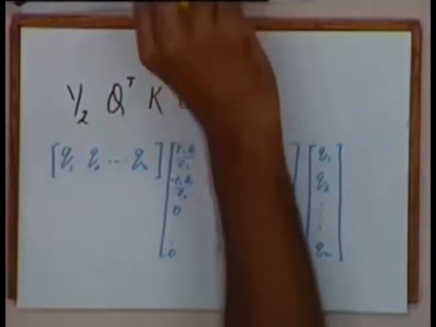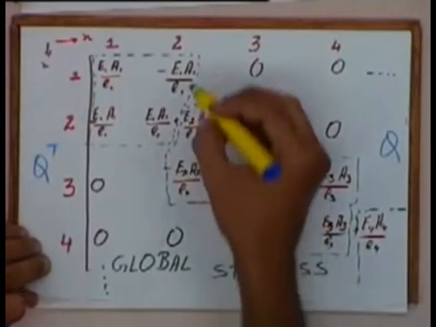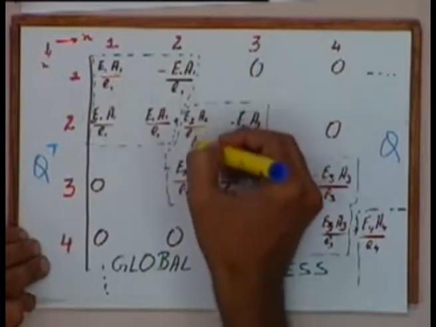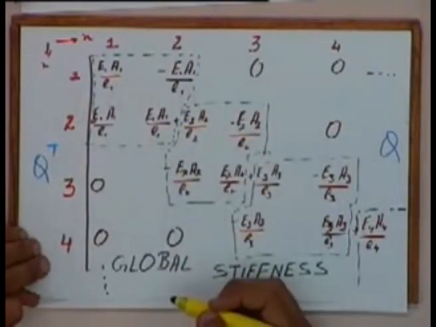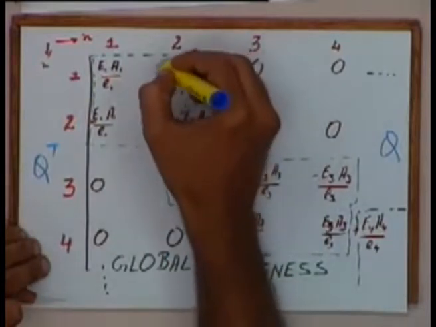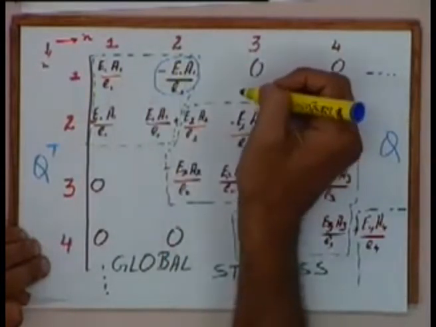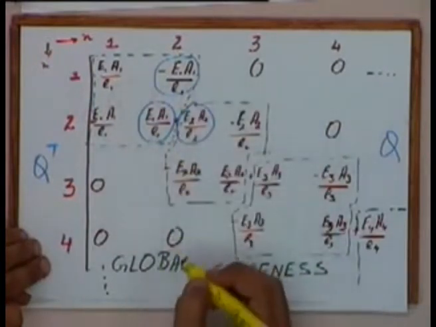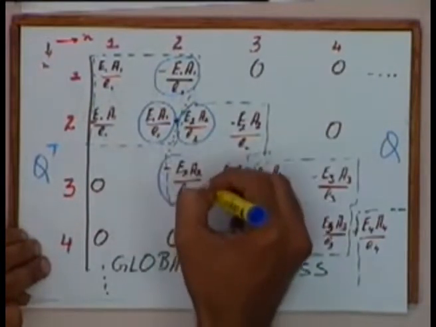Similarly, if I take up the next column, I will get terms corresponding to this, this, this and this. Q1 will be multiplied by this, Q2 will be multiplied by this as well as by this, and Q3 will be multiplied by this.